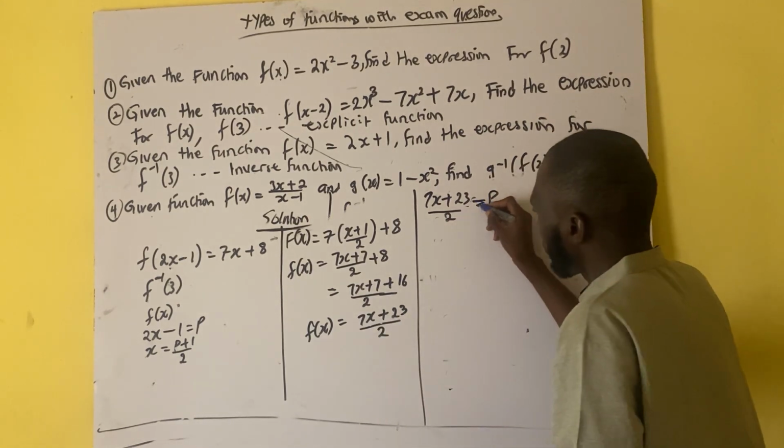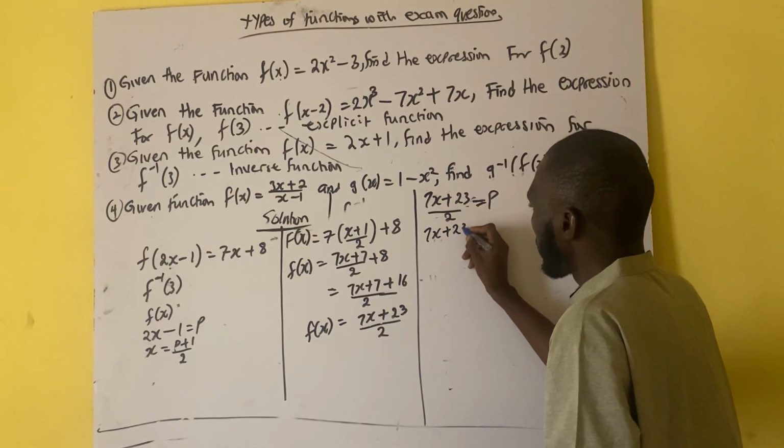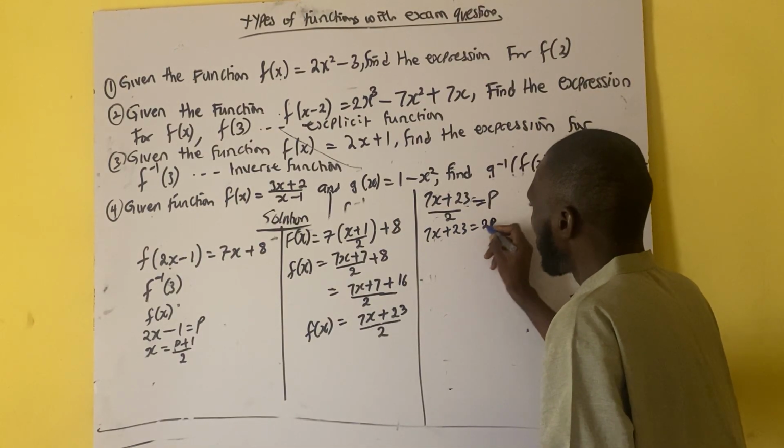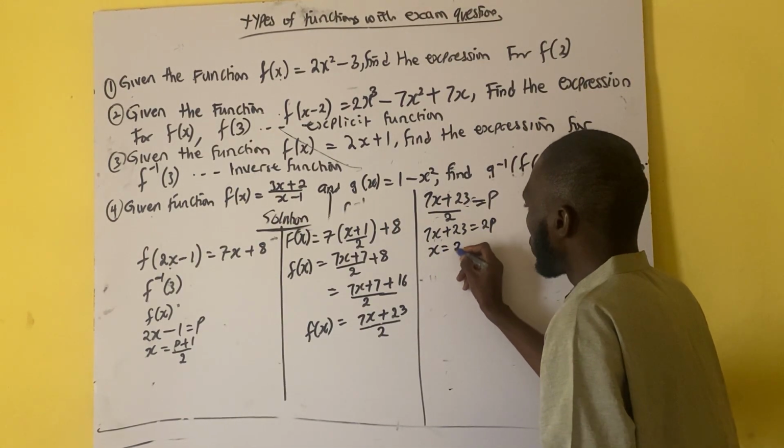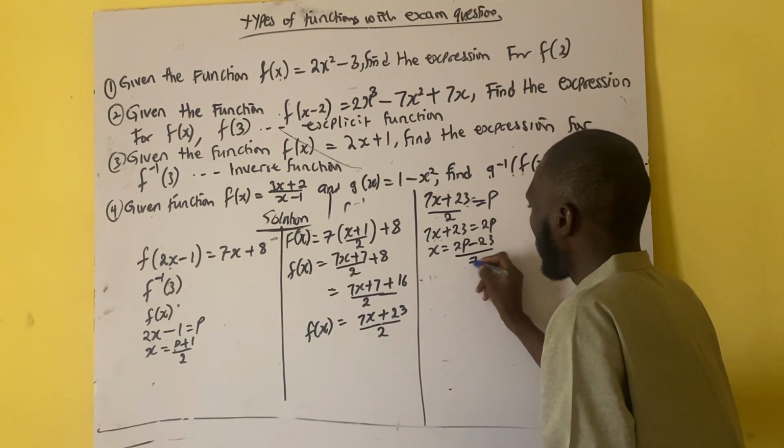Solve for your x, we have that 7x plus 23 equal to 2p. So x will be equal to 2p minus 23 over 7.